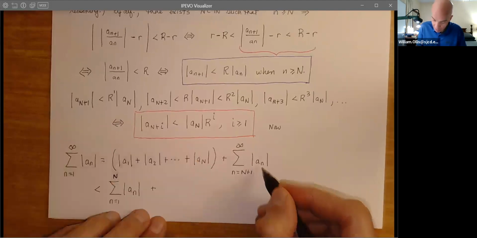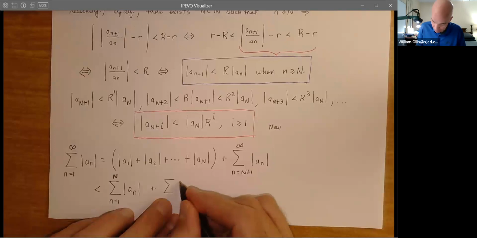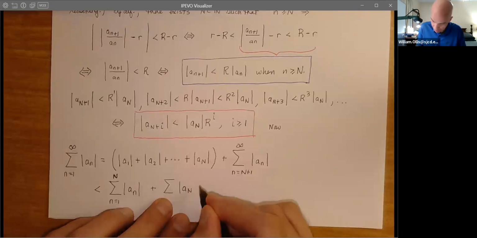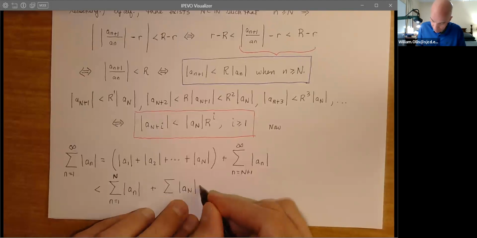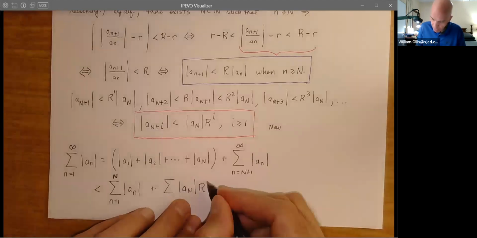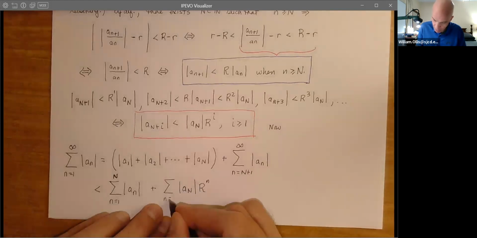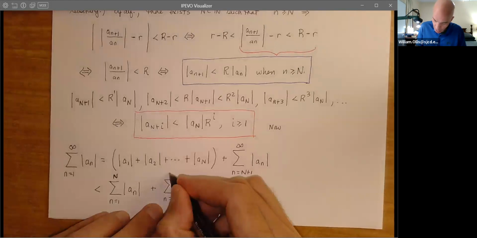So let me write this in. And this will start, I'll use another n, it doesn't matter, n equals 1, in this case, to infinity.